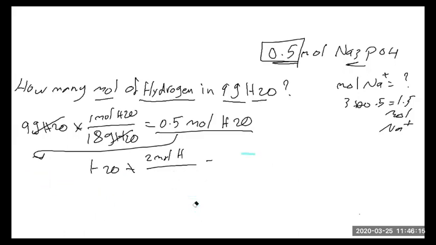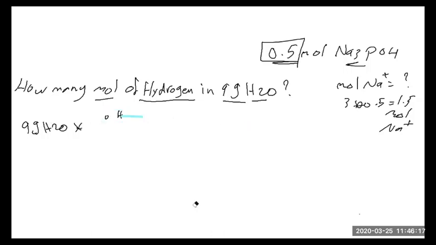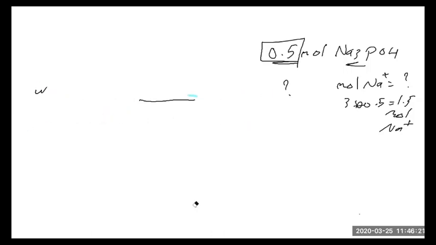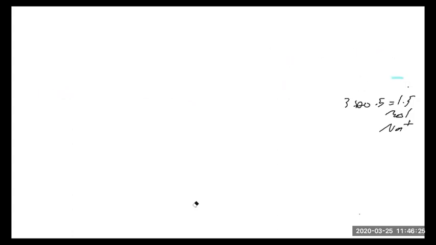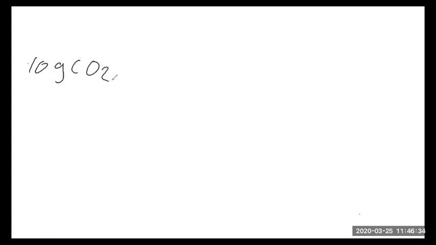We can do it here. It is the same as what I did in this example, but here they give you mass. First of all, what we have is 10 gram CO2.